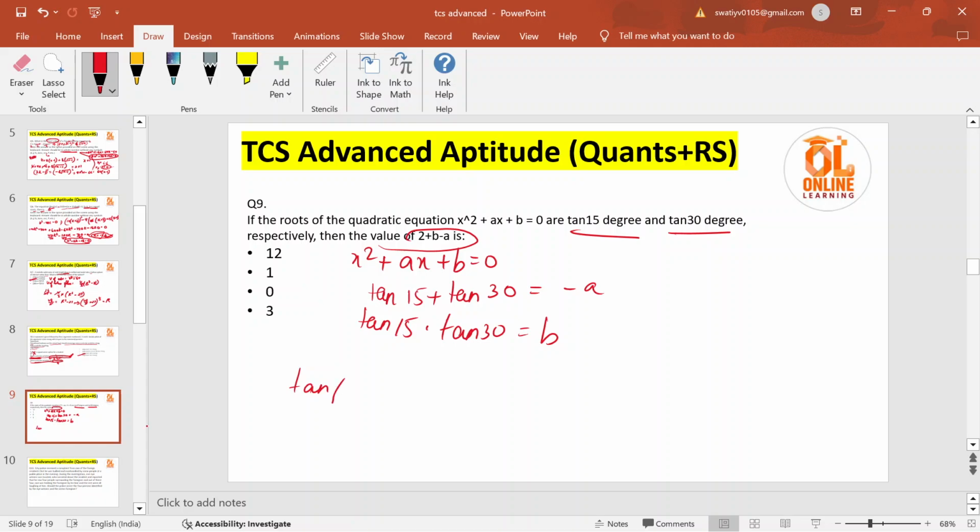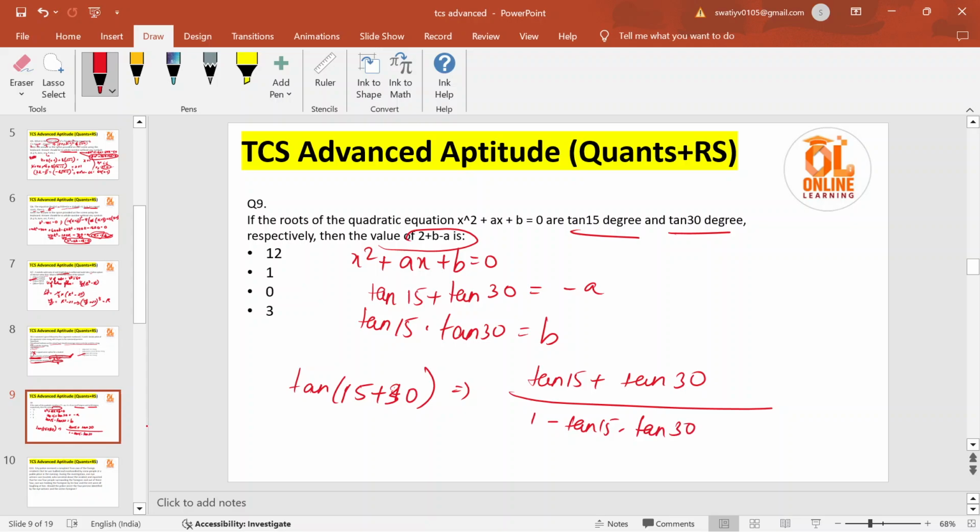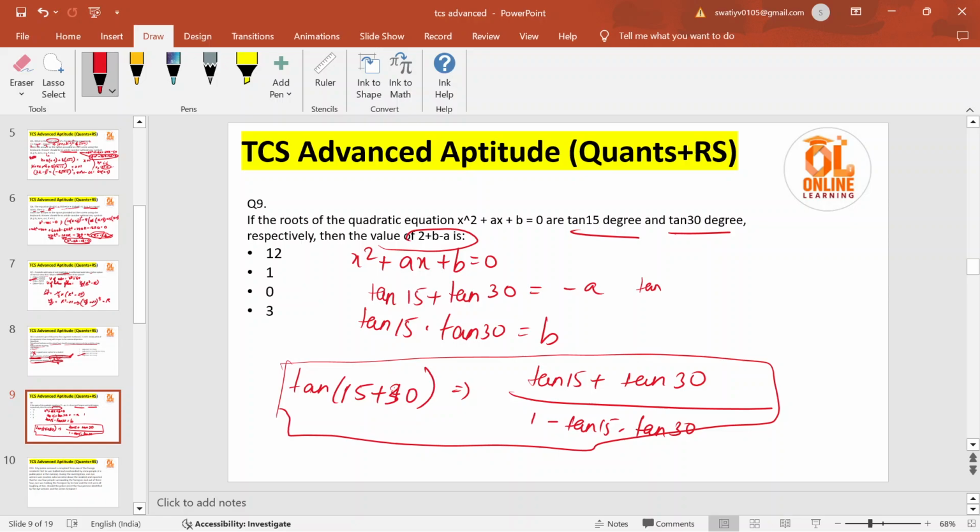What I'll do is just see, tan 15 plus 30 can be written like this: tan 15 plus tan 30 upon 1 minus tan 15 dot tan 30. I hope all you know about this concept. So here it becomes tan 45.